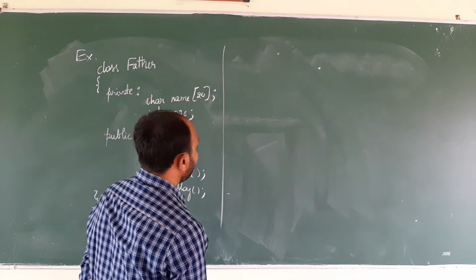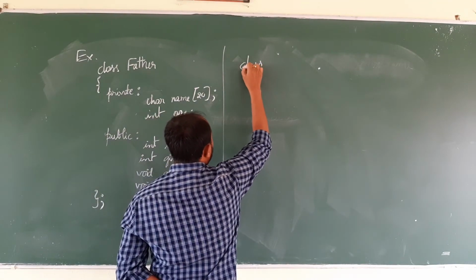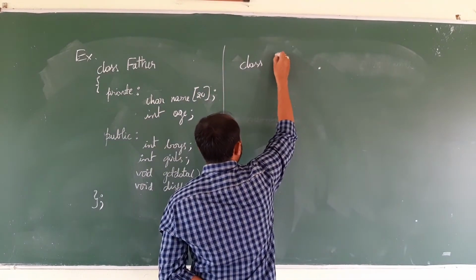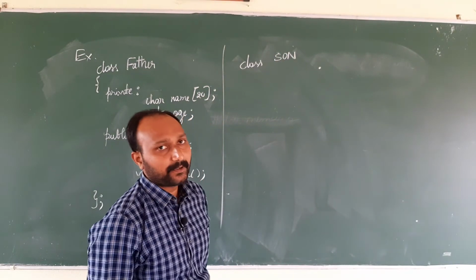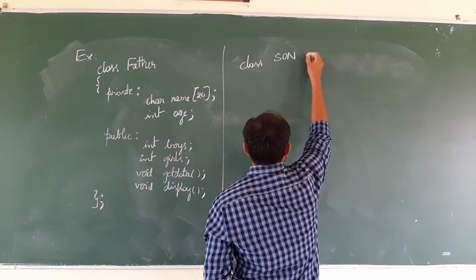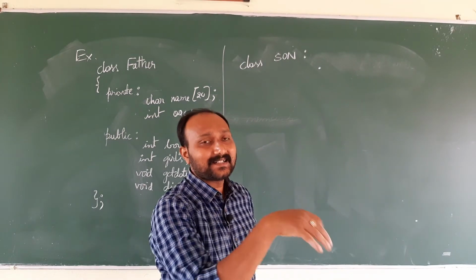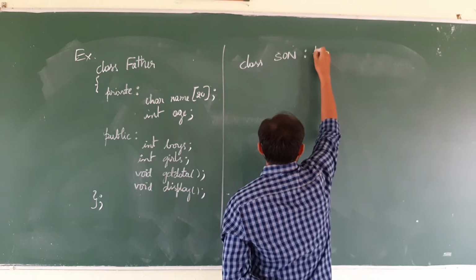Now, let us define a derived class. It starts with the keyword class followed by the derived class name, Son. Purposefully I am writing it in uppercase, followed by a single colon. The single colon indicates that inheritance is happening, followed by the visibility mode.